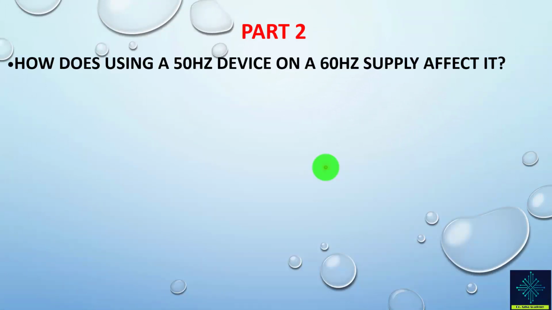Now, part 2 is the opposite: using a 50 Hz device on a 60 Hz supply system, like if you're buying some device or machine from Europe and going to the States or some other part where they have a 60 Hz supply system.